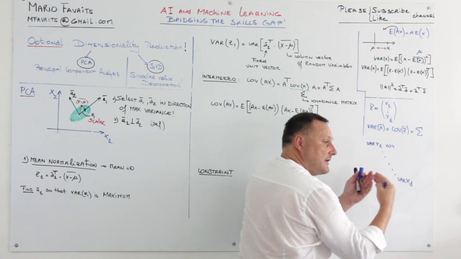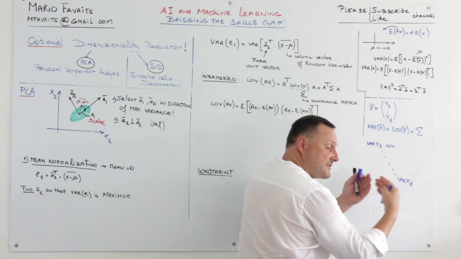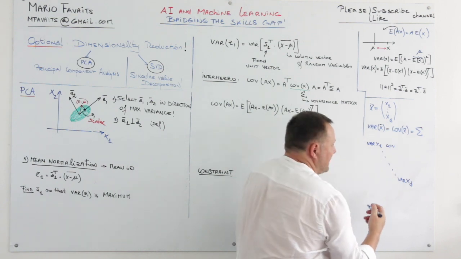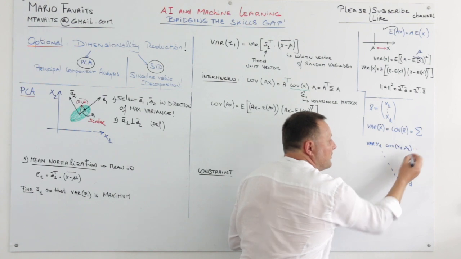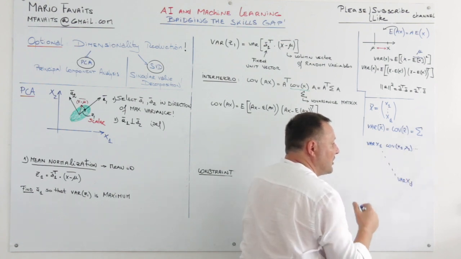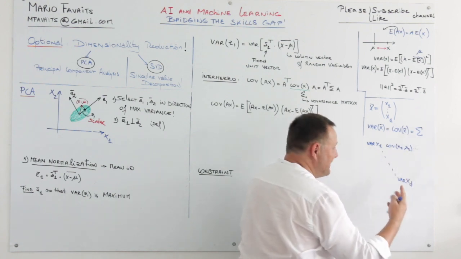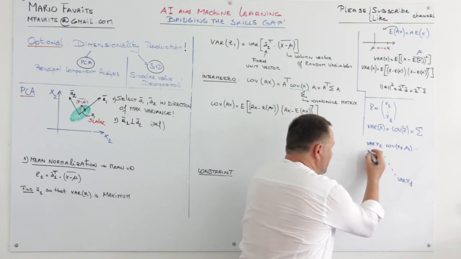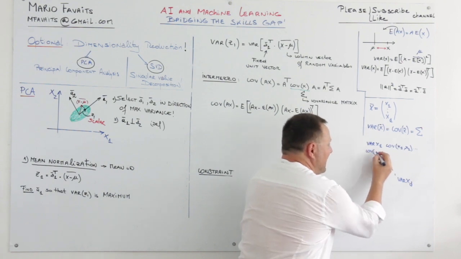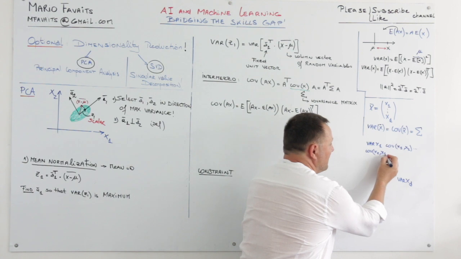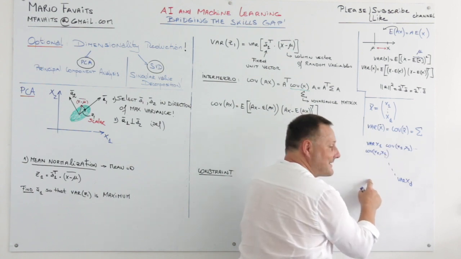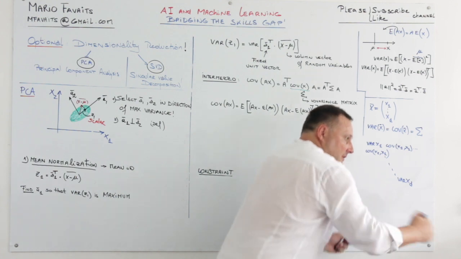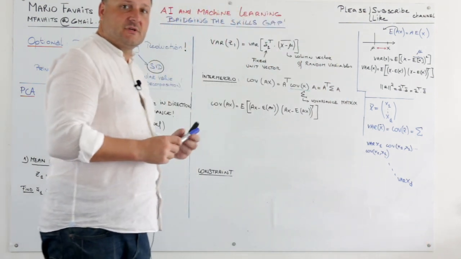It's how these features change relative to each other. So covariance x1, x2, and we go all the way to covariance x1, xd. Here on the rows we have covariance x2, x1, and all the way down you're gonna have covariance xd, x1. So this is how this covariance matrix is built up.